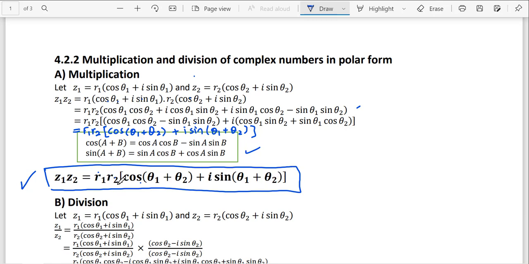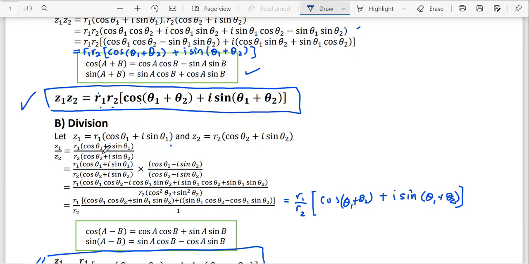This R1 is the modulus of the first complex number, and R2 is the modulus of Z2. Theta 1 is the argument of the first complex number, and theta 2 is for the second. You can see that if you multiply, you multiply the moduli and add the arguments. Okay, so this is the formula.